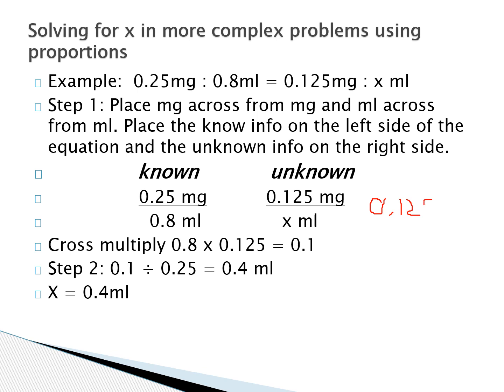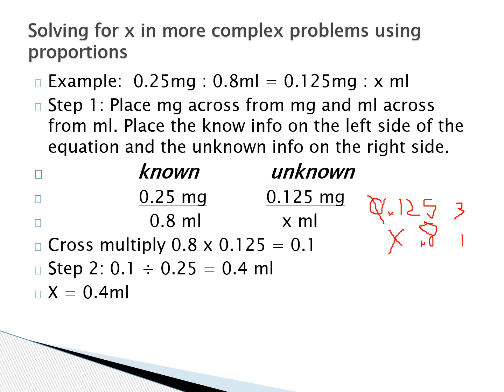So if we had 0.125, I actually don't care about that zero, forget about that. Okay, so I've got 0.125. So I've got 3 decimal places over here. Now I'm going to multiply this by 0.8. I've got one place value here.